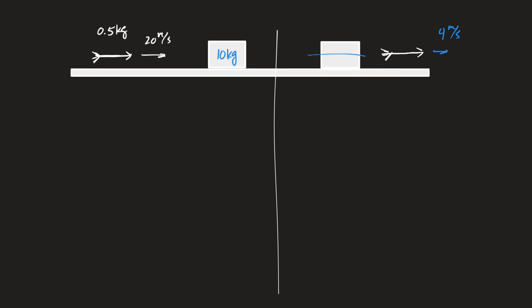So what we were looking for is the velocity of the block. The arrow comes out of the block. What's the velocity of the block?